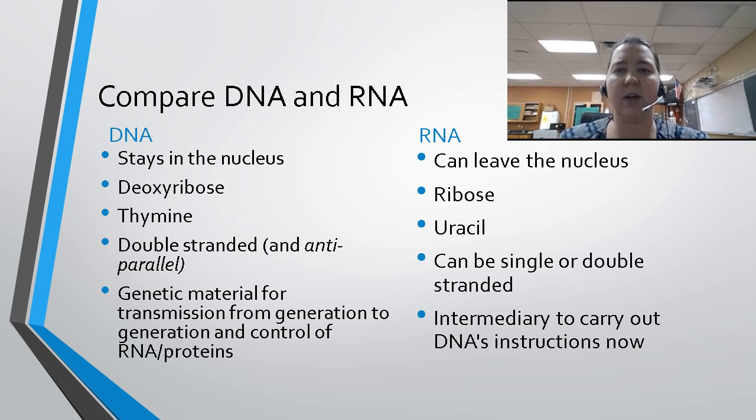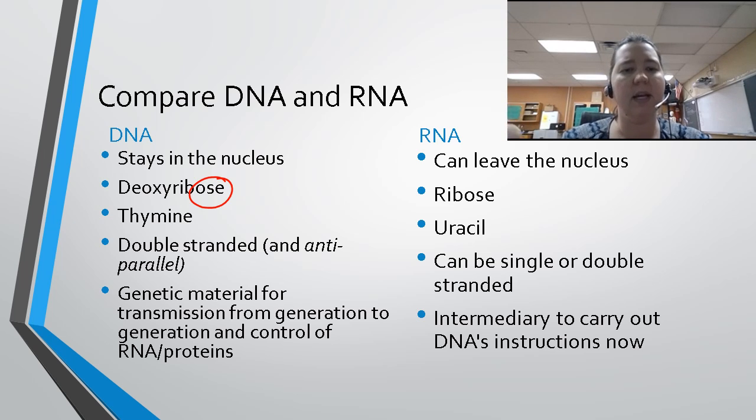DNA and RNA, like I said, are both nucleic acids, and they have a lot of similarities, but a couple of differences. Number one, DNA, for the most part, stays inside the nucleus. It doesn't go anywhere. It's the control center. It stays there. It doesn't move. Sugar is deoxyribose. Remember that OSE ending means it's a sugar. Thymine, okay, that is the base.